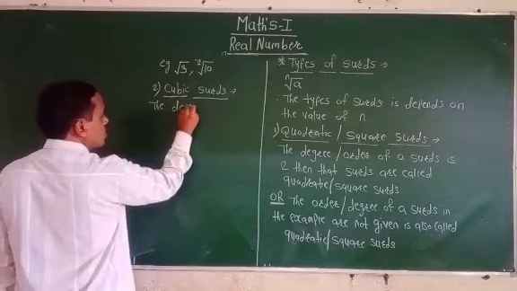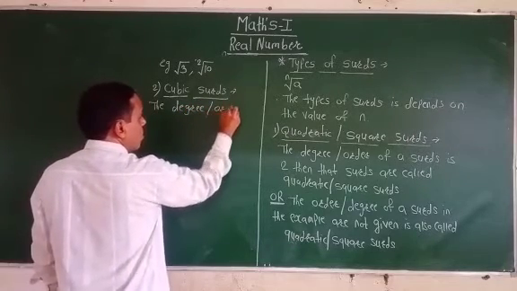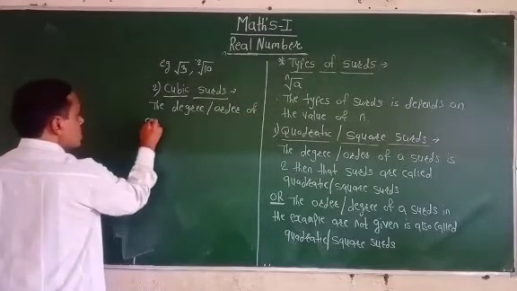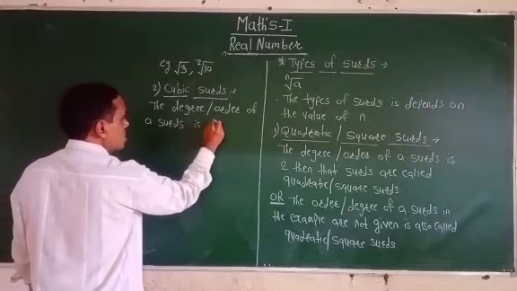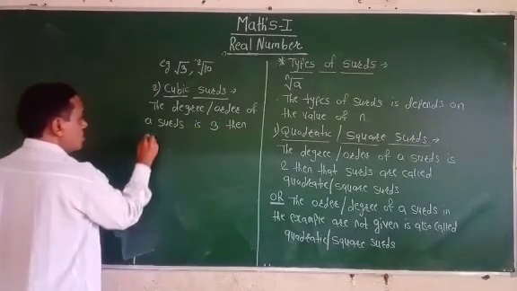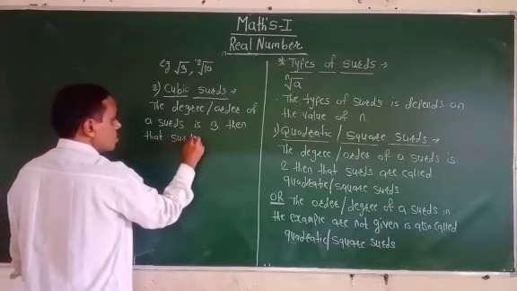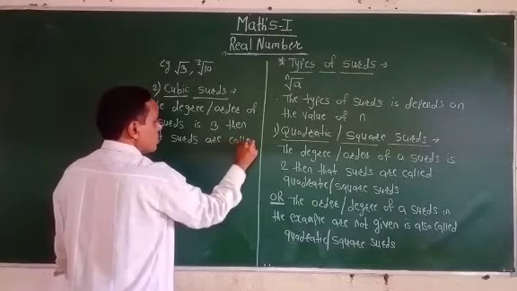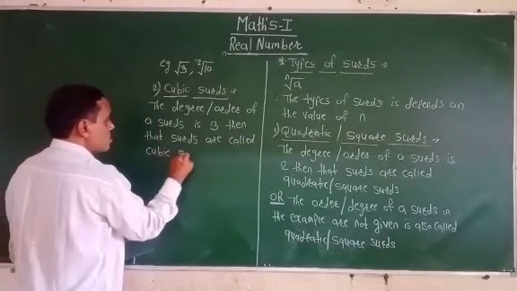The degree or order of a surd is 3, then that surd is called cubic surds.